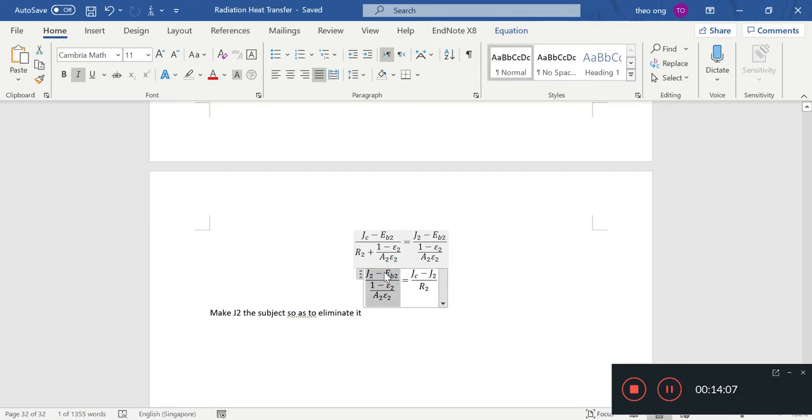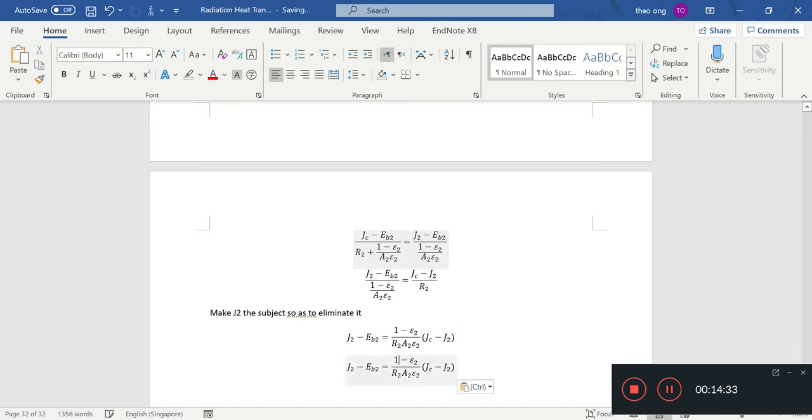So this J2 minus EB2 will equal whatever this is, and then you divide it by R2. Yes, and you have JC minus J2 here. So I will want to multiply that in. I'll cut this out and paste it here.